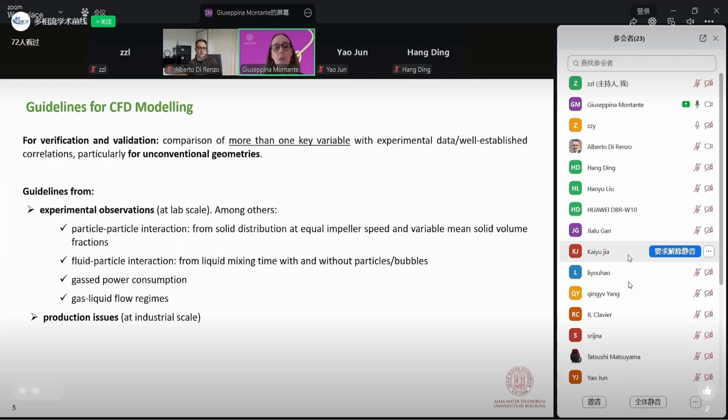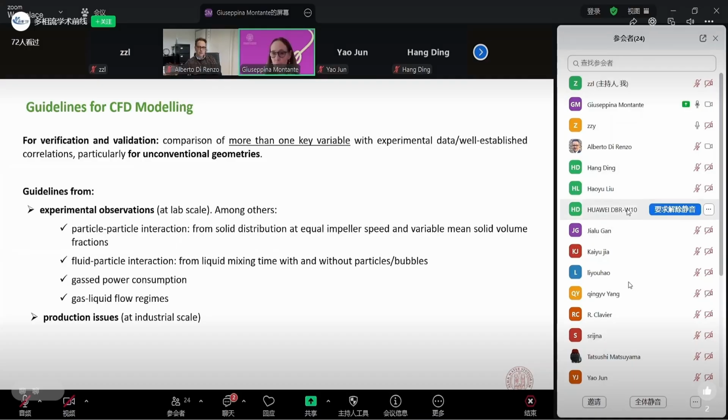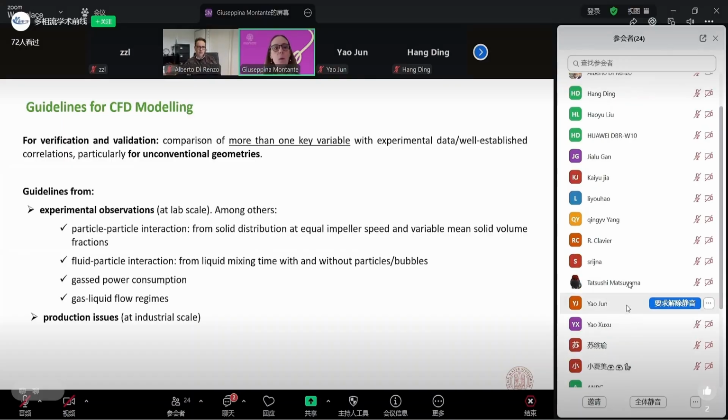Experimental observation at lab scale, of course, and among others, I show you examples of how we can get information on particle-particle interaction from solid distribution at equal impeller speed and variable mean solid fraction. For instance, we can get information on fluid-particle interaction from liquid mixing time measurements with and without the dispersed phase in the liquid.